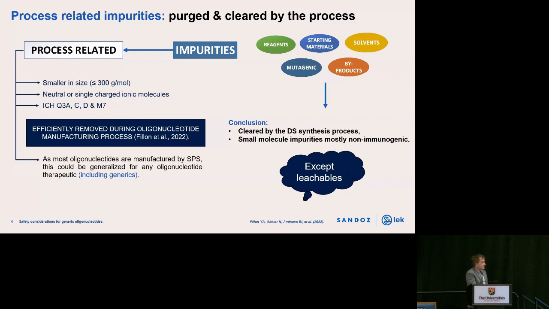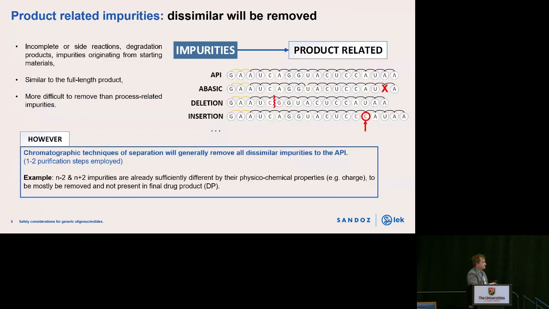So in conclusion, these impurities are cleared by the process, and also to add, small molecule impurities are mostly non-immunogenic. Now, an exception to these are leachables, because they can form downstream of the purification process, they can form during stability. That's why we need to take a closer look at them, and we will talk about them later.